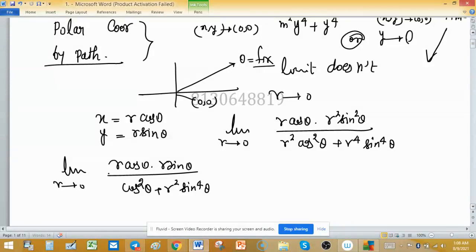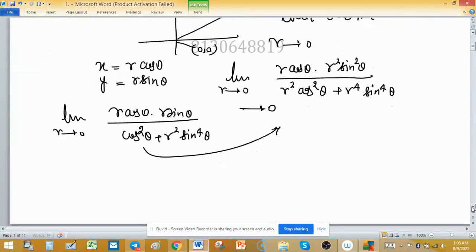In the numerator, if we put r tending to 0, the numerator will tend to 0, but the denominator will depend on cos square theta. So we have different cases.